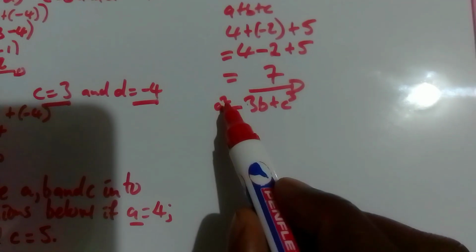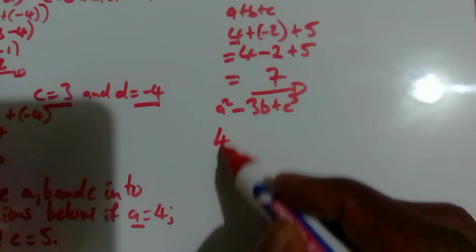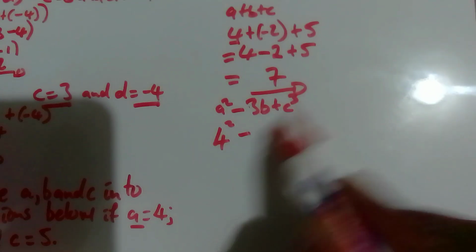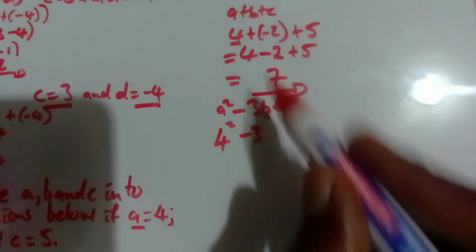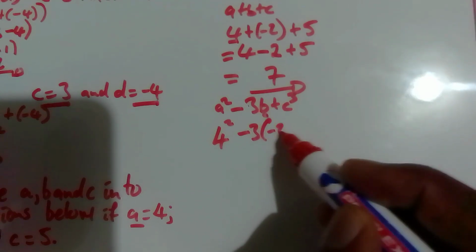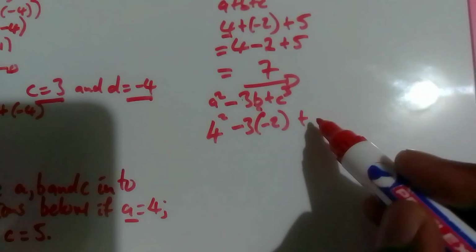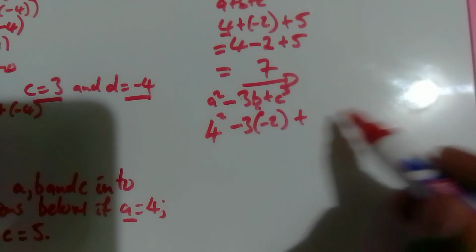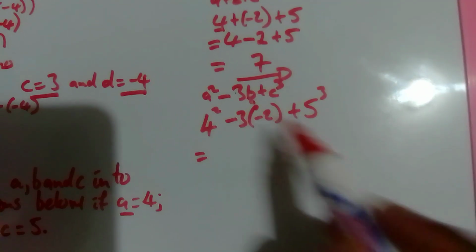So a squared simply means what? Our a is 4, so we say 4 to the power 2 minus 3, and then there is a b here. Our b is -2, so we open bracket, we say -2, close bracket, plus what is our c? Our c is 5, and this is cubed, which means 5 to the power 3.